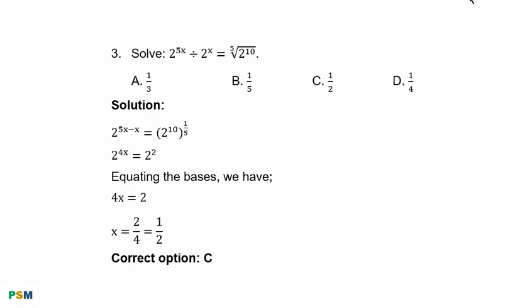Question 3. Solve 2 power 5s divided by 2 power s equal to 5th root of 2 power 10. Solution. Here you apply the division law of indices. You have the same bases being divided, their powers are subtracted.